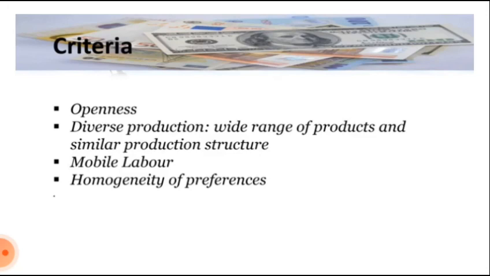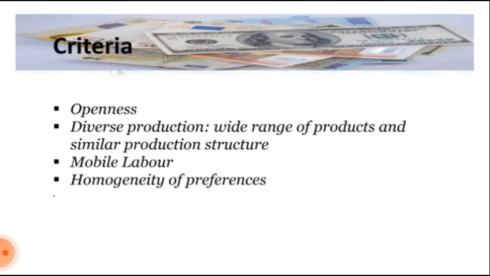The first one is openness, and the second one is diverse production. Diverse production means there is a wide range of products and similar production structures existing in international trade and the market, and that is the second criterion for the optimal currency area. The third one is mobile labor.